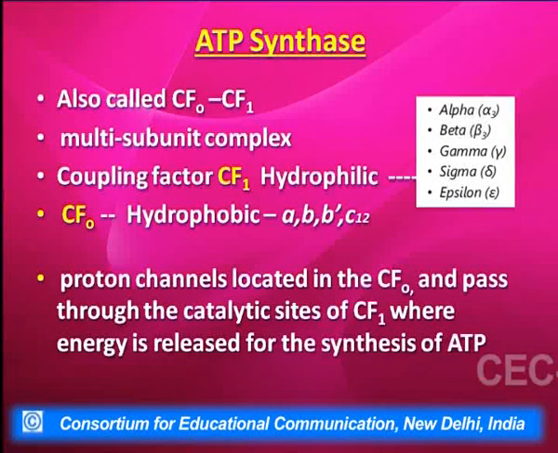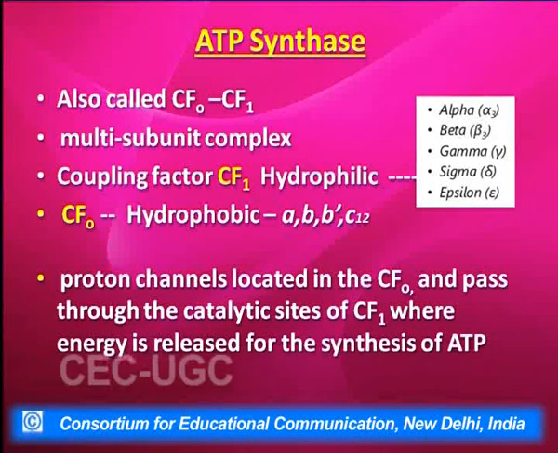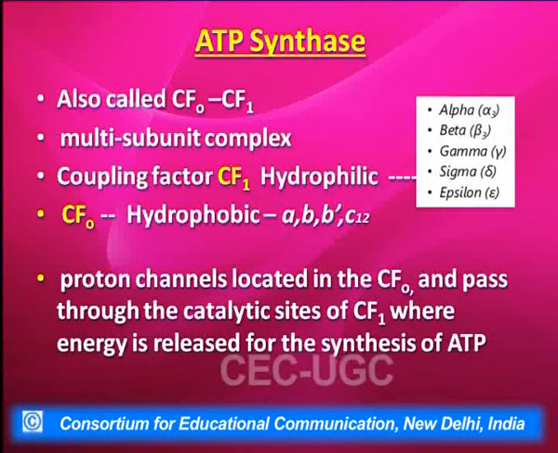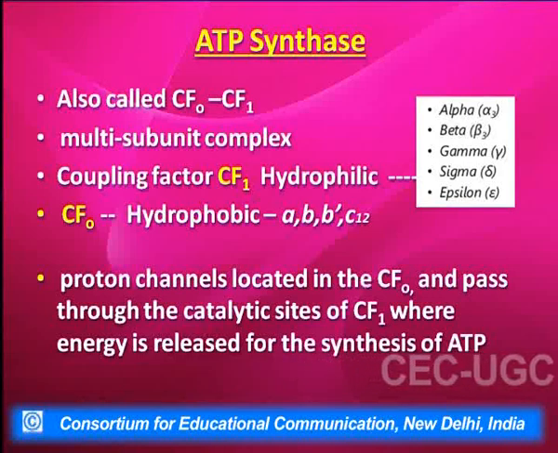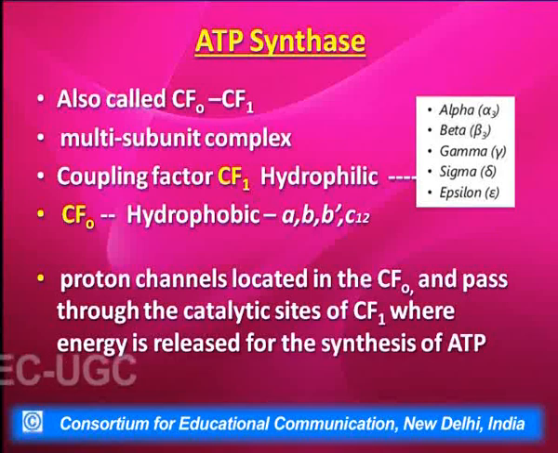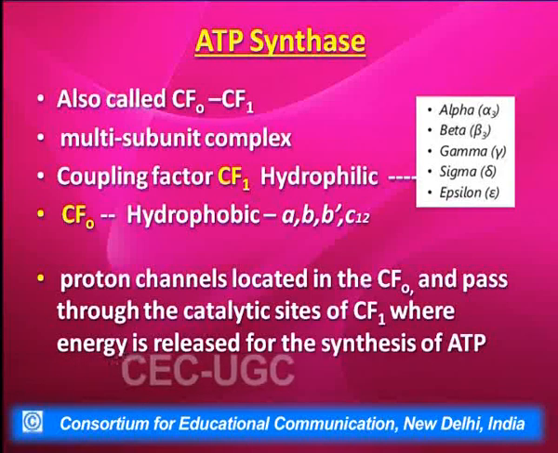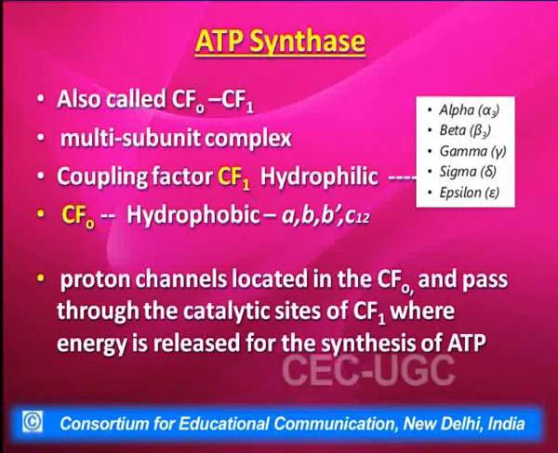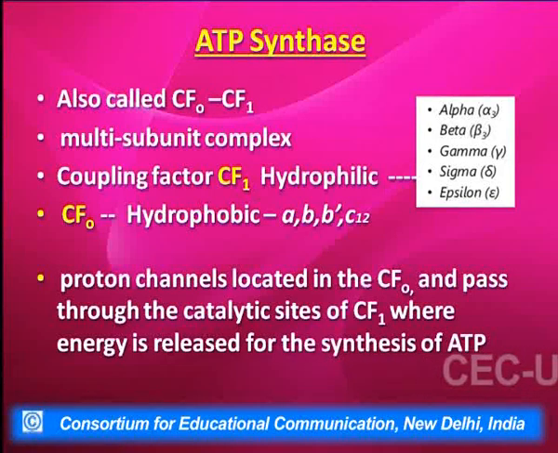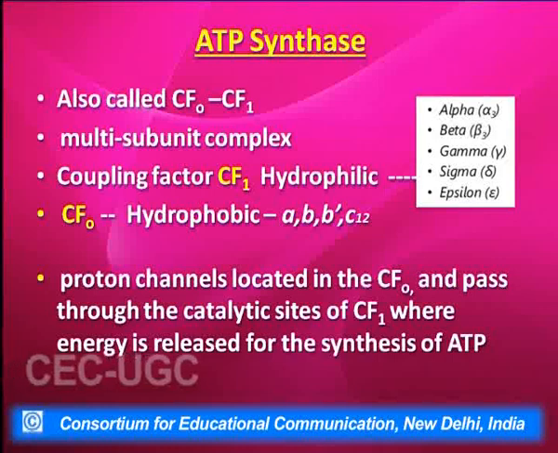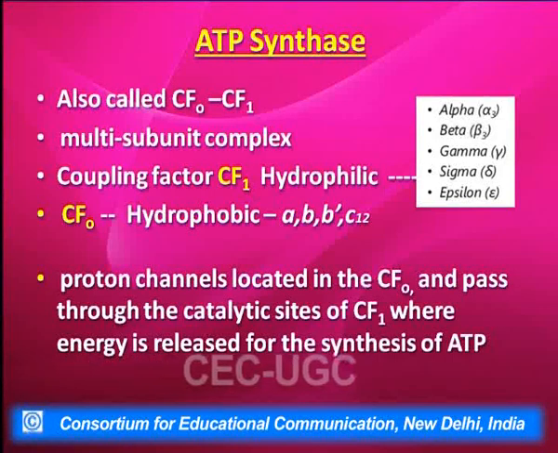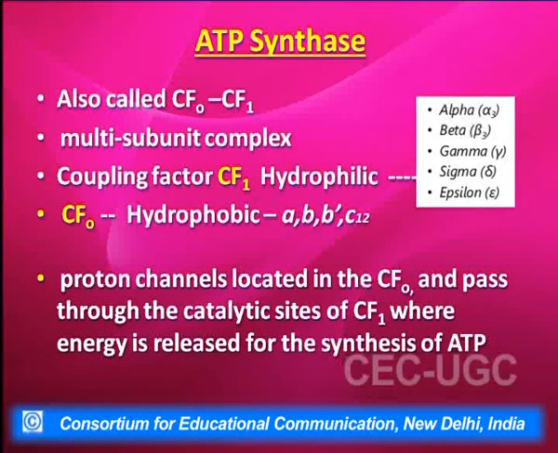The coupling factor CF1 is the hydrophilic component, and it is composed of various other components, namely, as you can see on your screens, starting from alpha to epsilon. On the other hand, the CF0, or the coupling factor naught, is the hydrophobic component, and is also composed of a, b, b dash and c12. These are the different proteins.